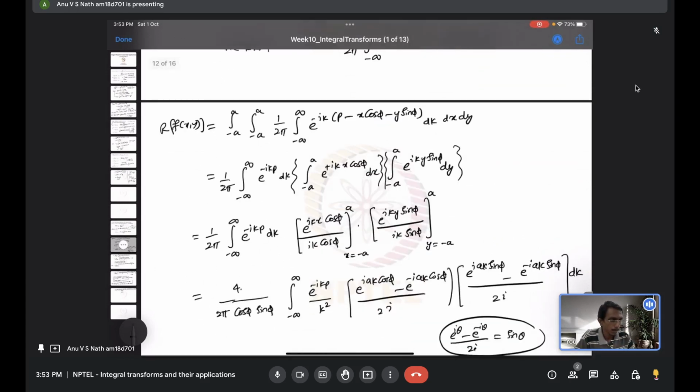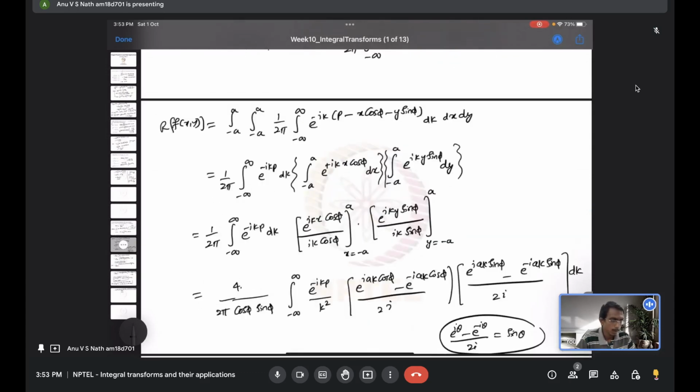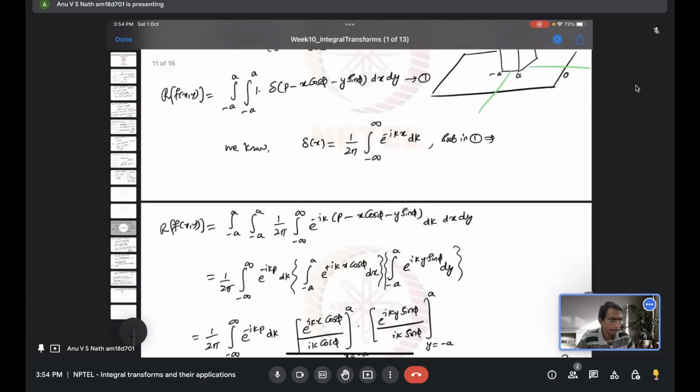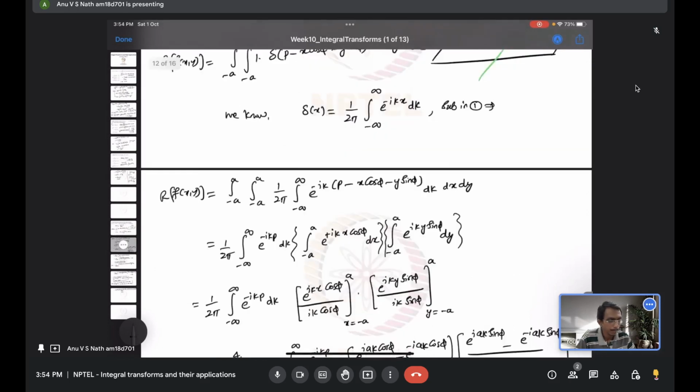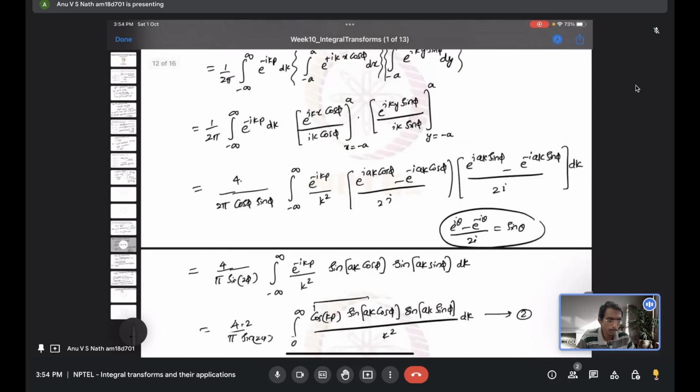So basically we are using a definition of the delta function. The basic definition of the Radon transform contains a delta function, and then we substitute the definition of the delta function in terms of a Fourier integral. Then 3 integrals will appear.